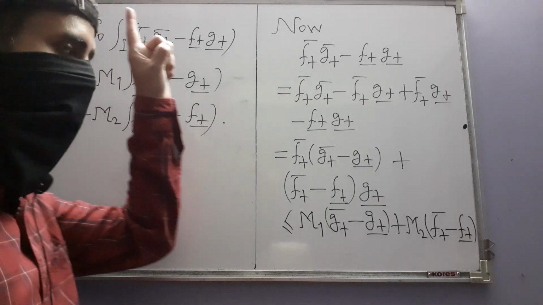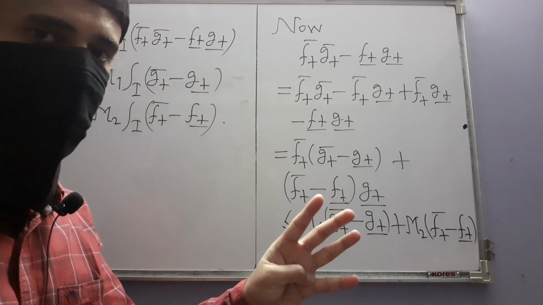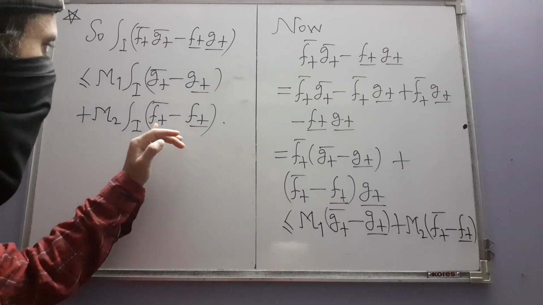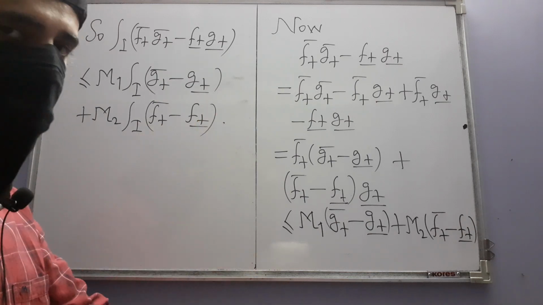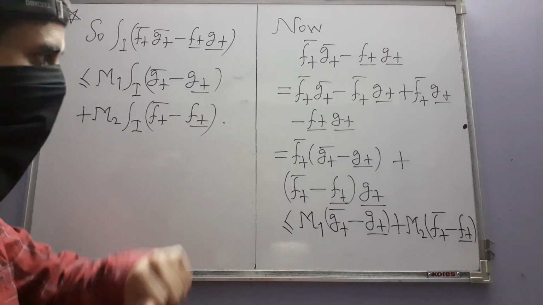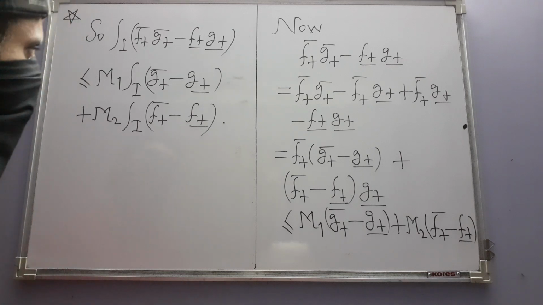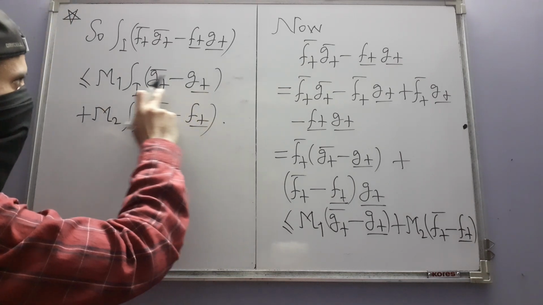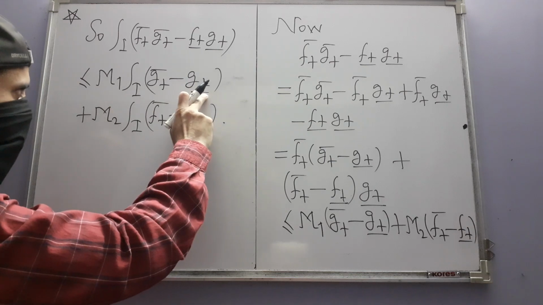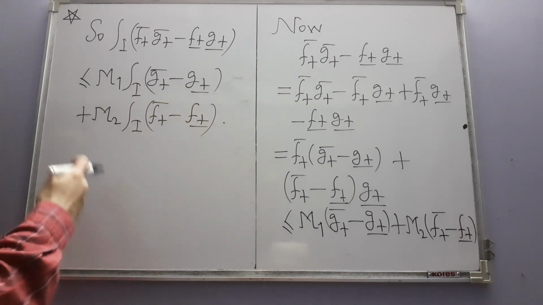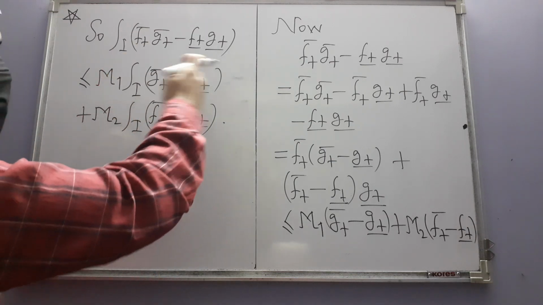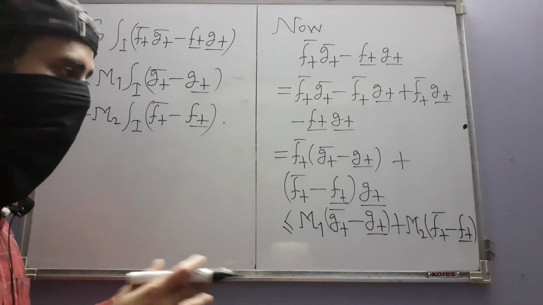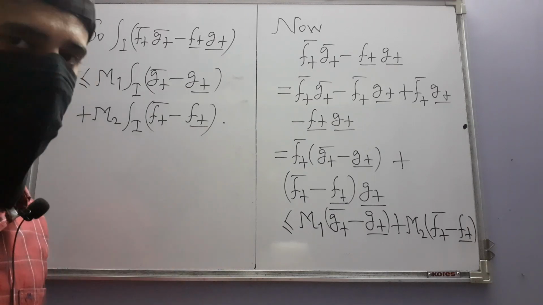Now, if you go back to those four inequalities involving integrals of f plus, g plus and the integrals of these piecewise constant functions, you will see that this difference, this integral, which is actually the integral of this minus integral of this, is less than 2 epsilon.